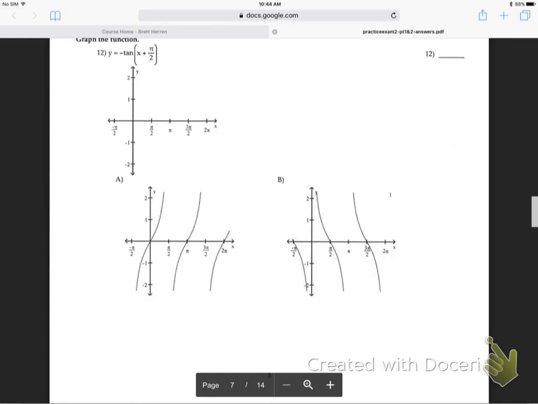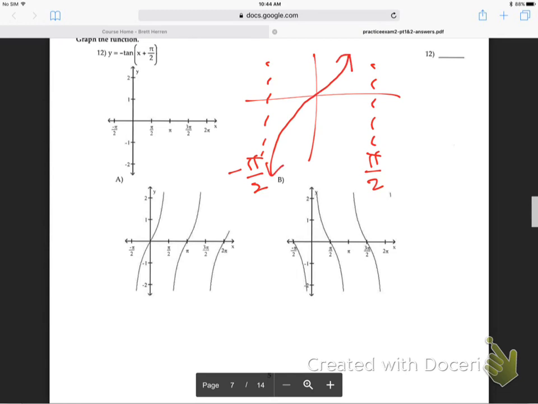Tangent graphs. You want to put on your 3x5 card the basic tangent, which goes from negative pi over 2 to positive pi over 2 and does the snake thing, and then just keeps repeating that. That's the basic tangent. Remember what we learned for those other 4: sine and cosine, which we spent a lot of time on, and then the other 4 graphs were a different section: tangent, secant, cotangent, cosecant.